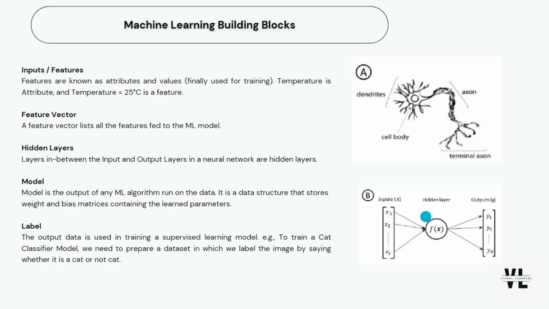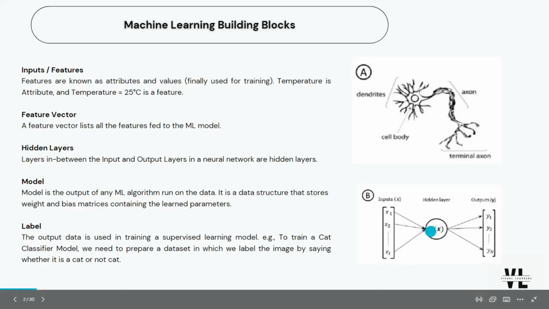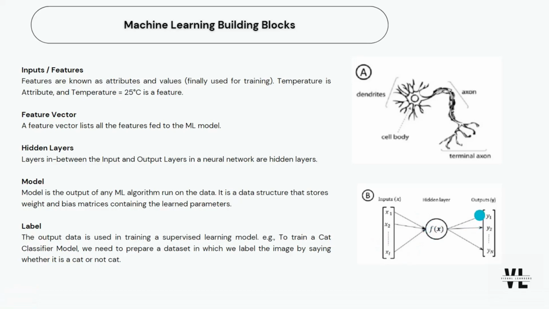It is composed of weights and biases, and these are parameters that we try to adjust so that our model can adjust to our input data and produce the specified output.